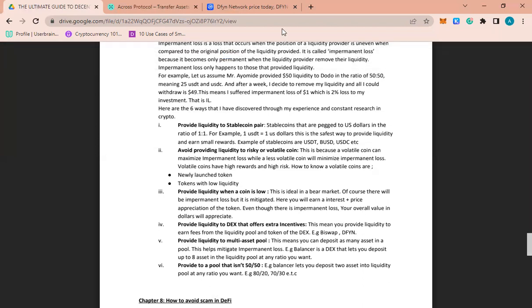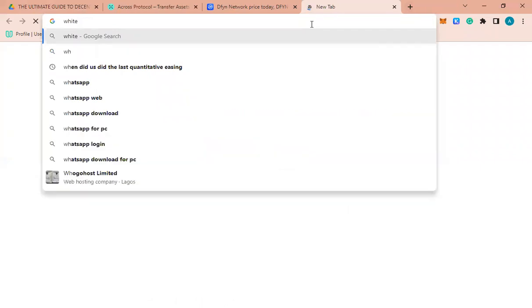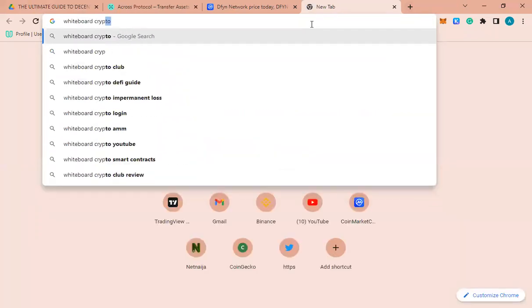If you want to calculate impermanent loss, just go to Google and search Whiteboard Crypto impermanent loss calculator.